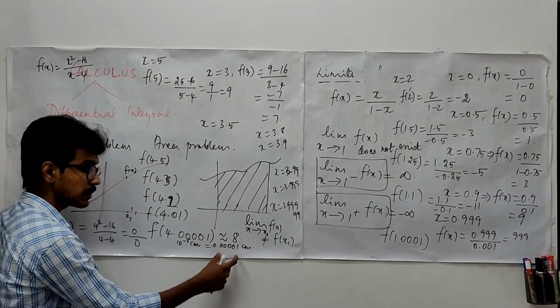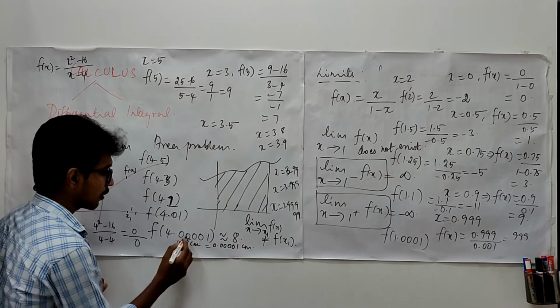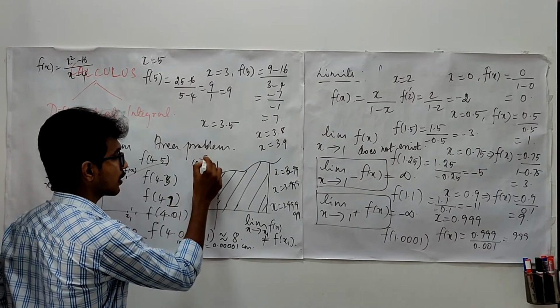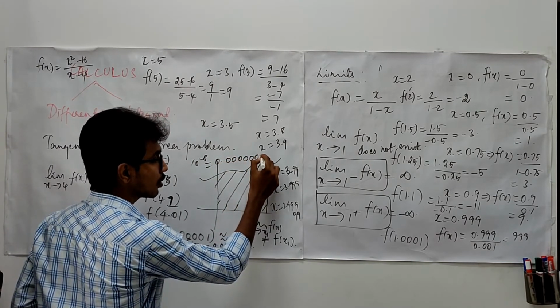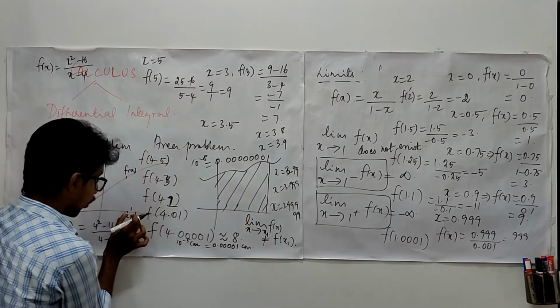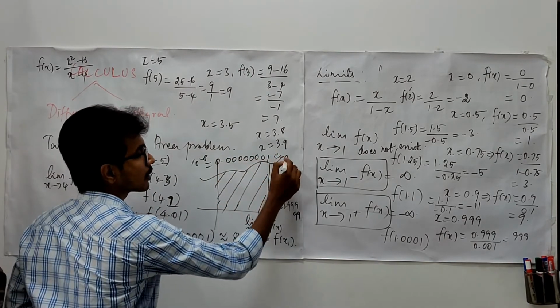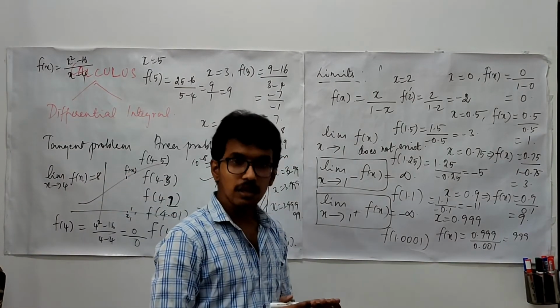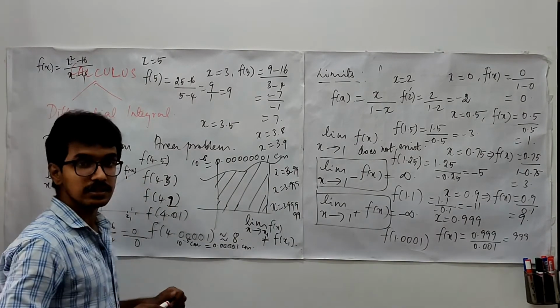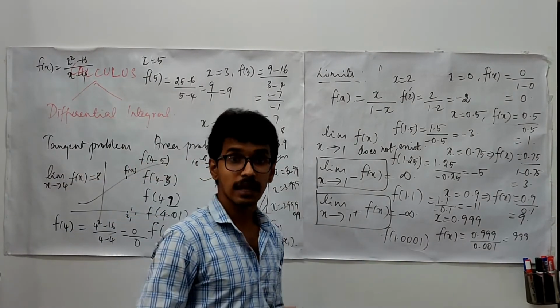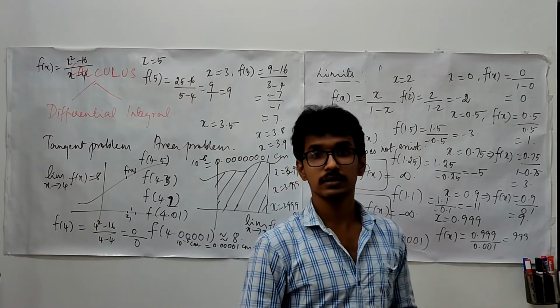If I am deciding for 10 power minus 8, then it has to be 0.00000001. This 1 unit must be this much centimeter. Even though I zoom till that, this has to stay accurate. That is what we mean by the limit.